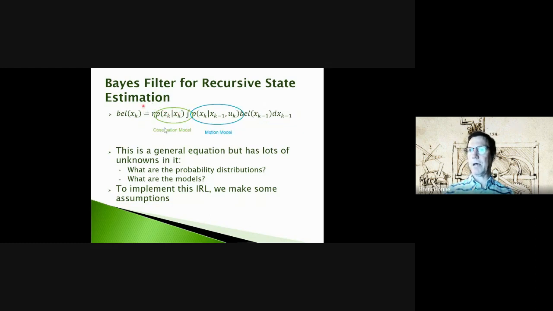This model here, given the true x, how do we sense that, the observation model, is a linear process, and this motion here is a linear process also.